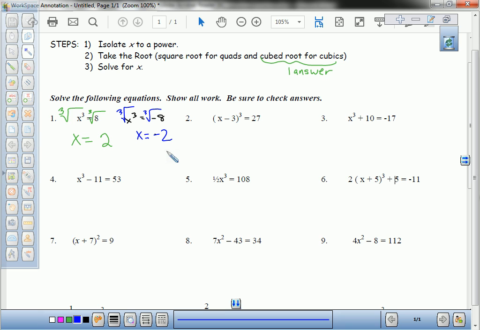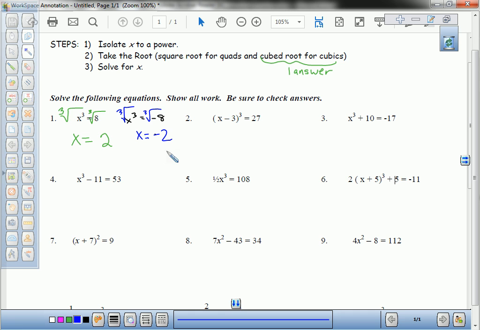Okay? So if the problem had been that instead, we still just get one answer, but it would be negative. So odd roots, cubed roots, fifth roots, you're going to end up with one answer. If you're taking the root of a positive, your answer is positive. But if you're taking the cubed root of a negative, your answer is negative.